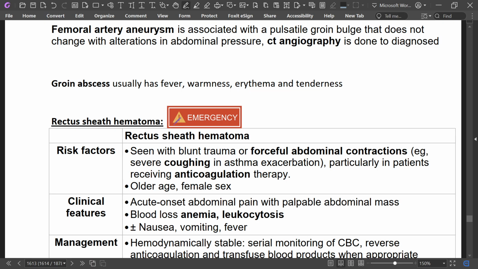Rectus sheath hematoma is seen with blunt trauma or forceful abdominal contraction, such as severe coughing and asthma exacerbation, particularly in patients receiving anticoagulation therapy. Older age, female sex, acute onset abdominal pain with palpable abdominal mass, blood loss, anemia, and leukocytosis may happen.